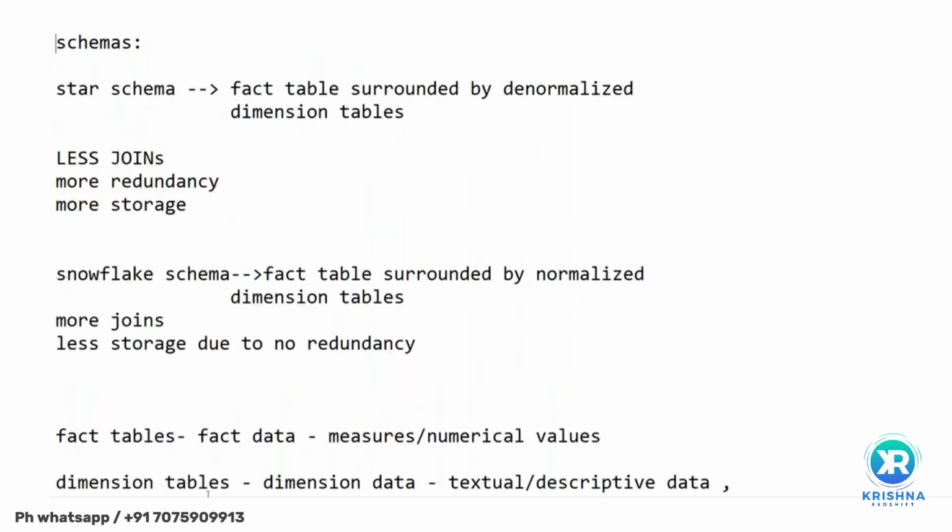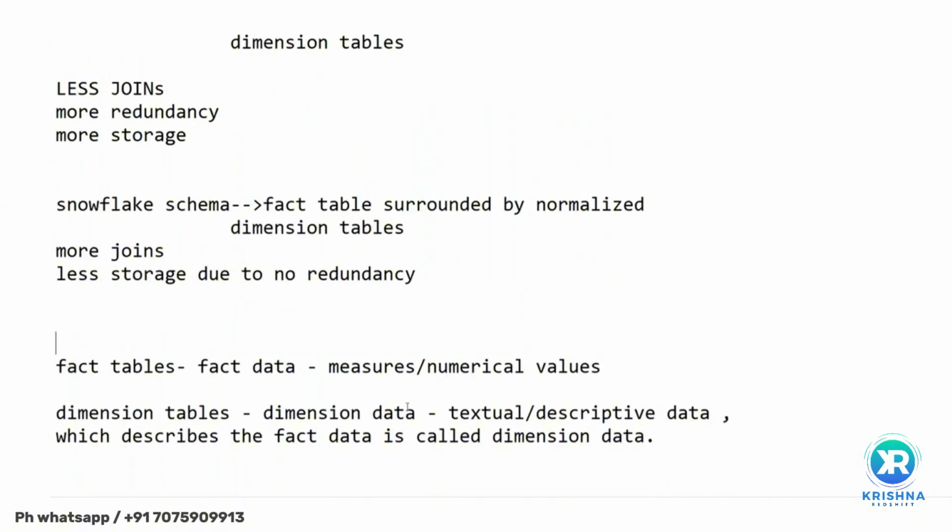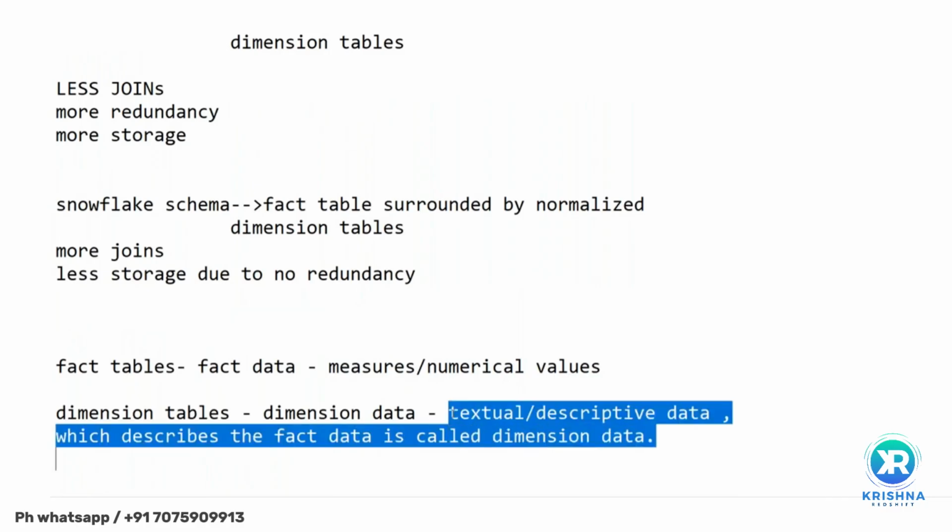I said that a fact table means all the numerical values or measures. Numerical values are called measures, number data is called fact data, and those tables are called fact tables. Dimension tables mean textual or descriptive data is called dimension data.